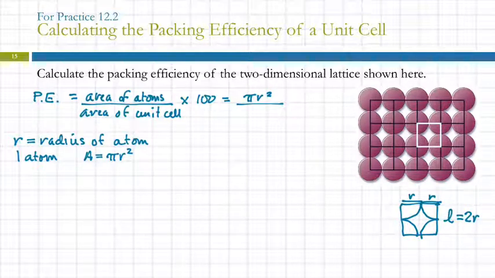The area of a square is the length times the width. So the area of the cell is equal to 2R squared. And we could simplify that and say, well, that's 4R squared. You following?